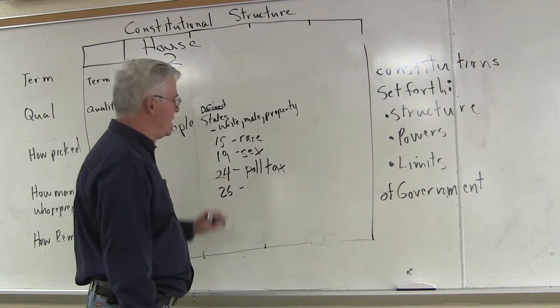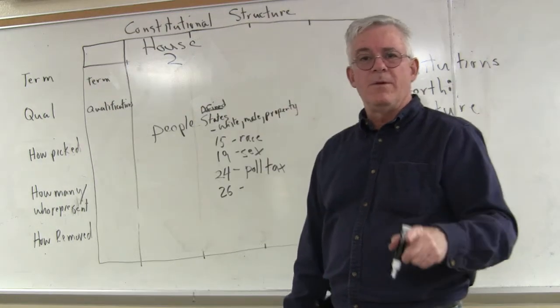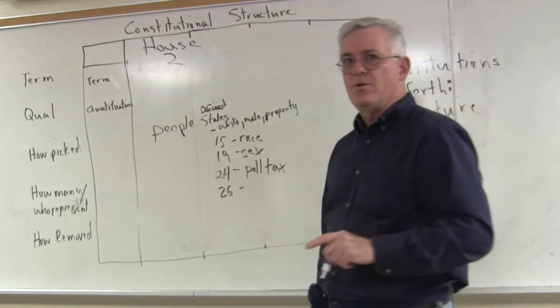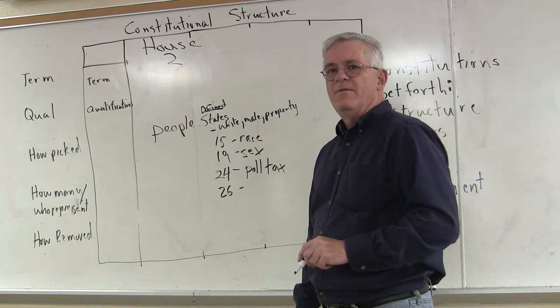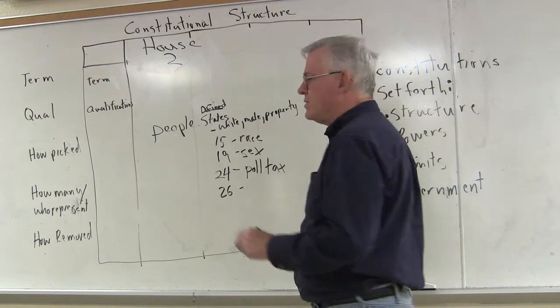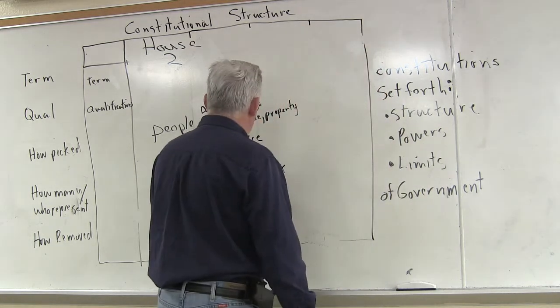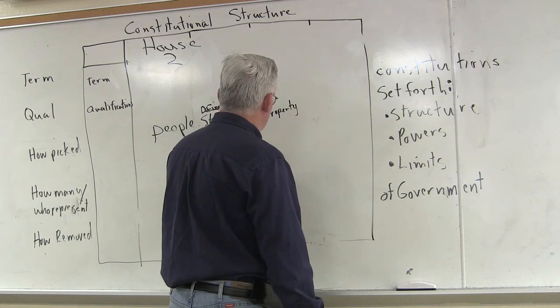And what does the 26th say? How many of you guys voted in the primary election on March 17th? You did that because of the 26th Amendment, which says you cannot restrict voting by age as long as somebody has reached the age of 18 years old. All right, 18 years old.